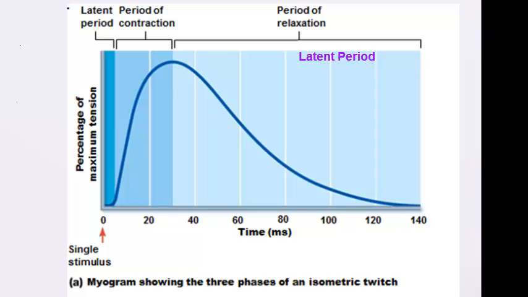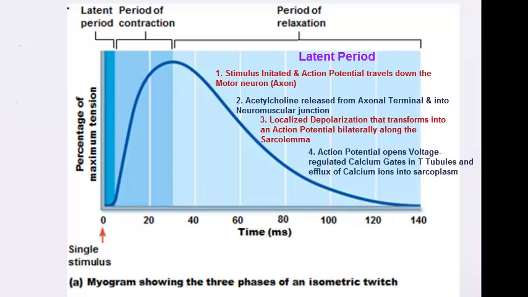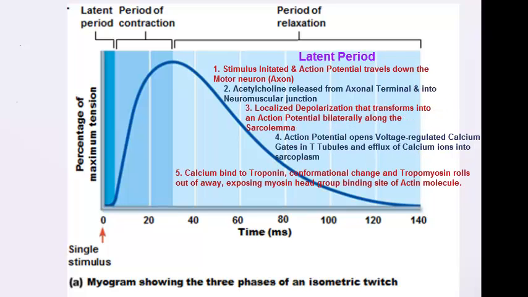That would include all the electrical events coming down a neuron, followed by the transfer of that electrical event from the neuron across the synaptic cleft to the postsynaptic terminal, to the localized depolarization that will result in an action potential, which traveled down the T-tubules, triggering open the voltage-regulated calcium gates at the sarcoplasmic reticulum, the efflux of calcium in, binding to the troponin, causing the tropomyosin to roll out of the way, exposing the myosin binding site on the active molecule.